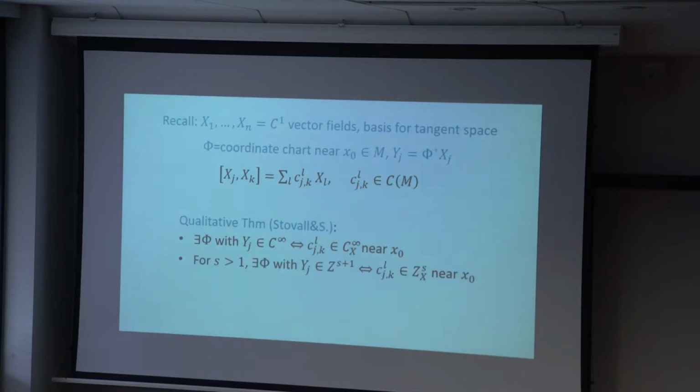All right? You can do this for a finite level of smoothness. If you wanted the Y's to be Zygmund of order s plus 1, you can do that exactly when the c's are Zygmund of order s with respect to the X's. And similarly, real analytically, if you want the Y's to be real analytic, the c's just have to be real analytic with respect to the X's.